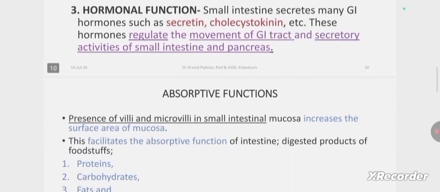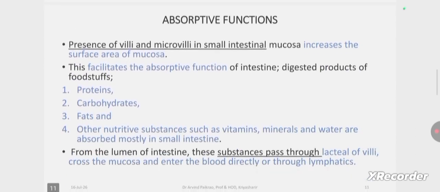Then we'll see the absorptive function. It is very important because the villi and microvilli increase the surface area, which certainly enhances the absorptive activity of the small intestine.